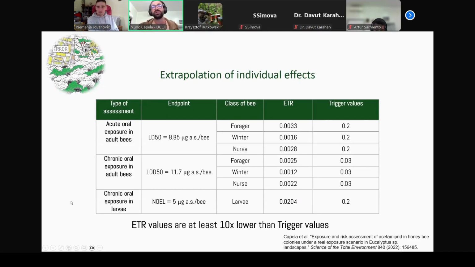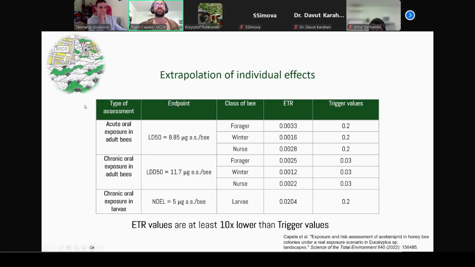And basically we extrapolated the highest levels that we found to individual levels. We saw that the exposure to toxicity ratio was very, very low compared to the trigger values set by EFSA. So these were at least 10 times lower.